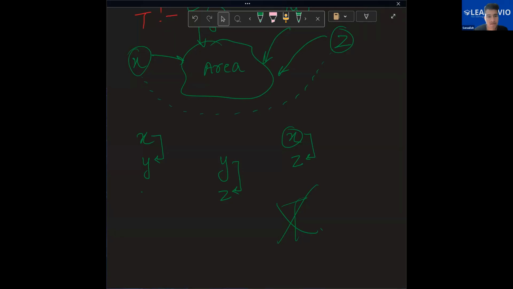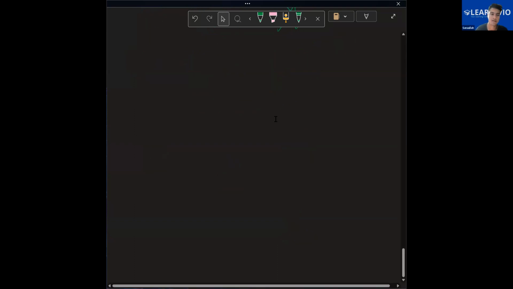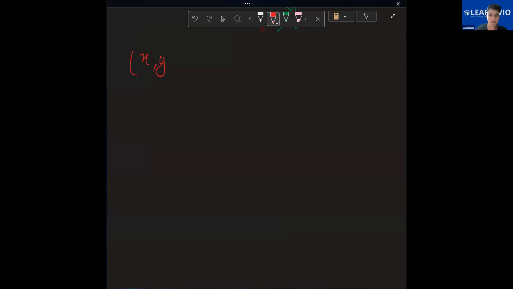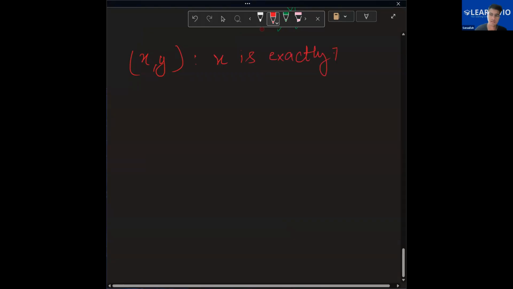Okay, C part is also the best one. In C part, we have (x, y), where x is exactly 7 centimeter taller than y.